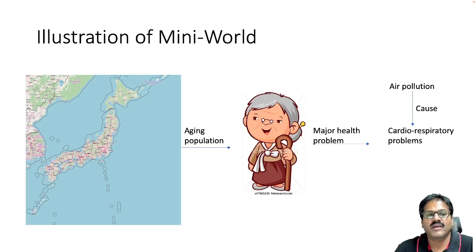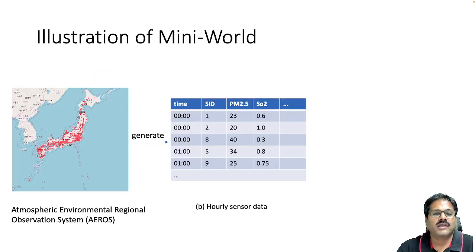This is our imaginary application. To tackle this, the government of Japan has set up a sensor network throughout Japan to collect the pollution levels at different time intervals of a day.